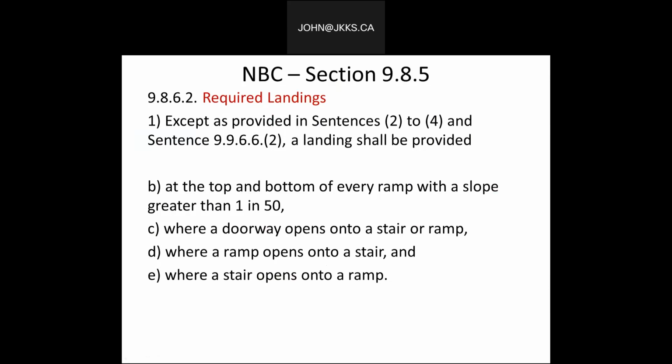So we can see landings are required, especially when we get over longer distances for a ramp. And certainly longer distances typically means there's a greater height difference between the grade level, ground level, and the actual, we'll call it, entrance door itself.